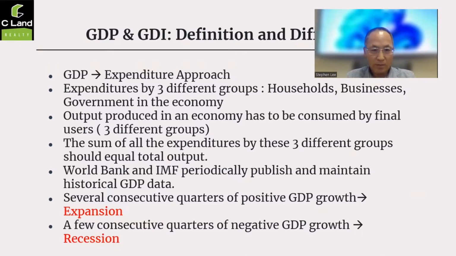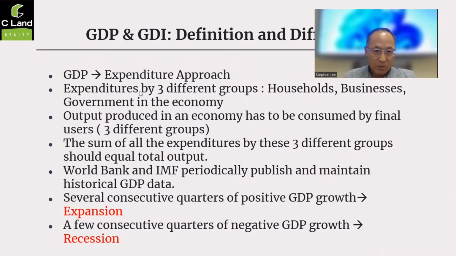Of course, plus the net export means, let's assume there are more import than export, then the total GDP will be reduced. Of course, right? Because the net export becomes minus. Okay.